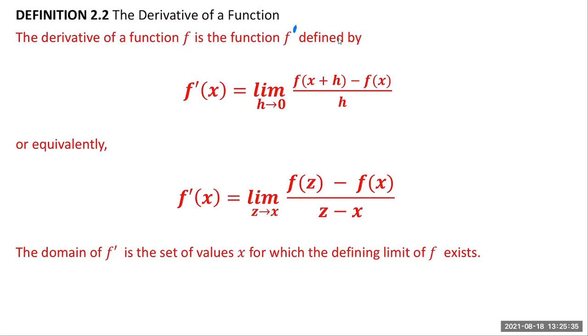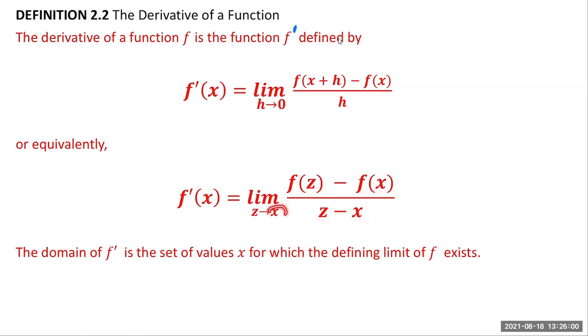Equivalently, we can use the other definition to define the derivative of a function. f prime of x is given by the limit as z approaches x. Remember, in the previous definition, z approaches c, but here we have a general point x. Limit as z approaches x of f of z minus f of x divided by z minus x.